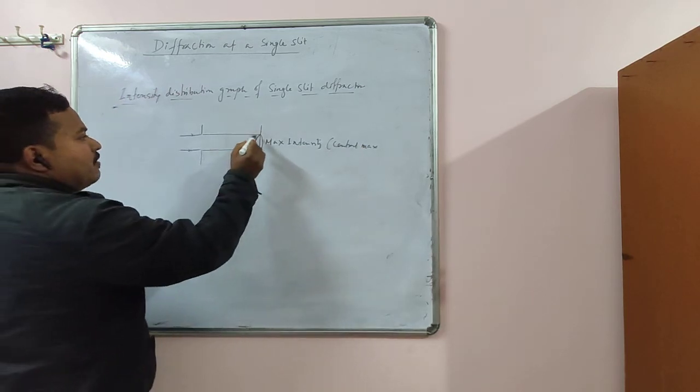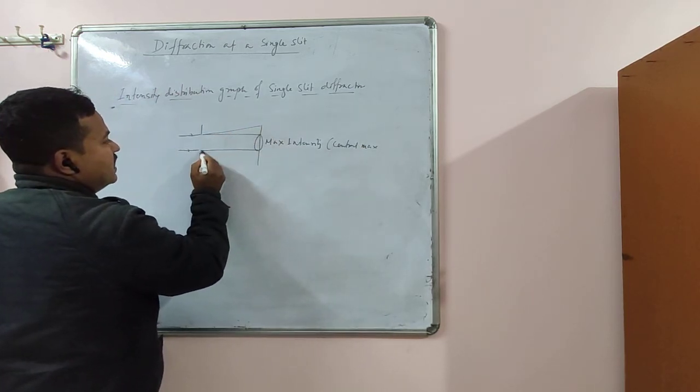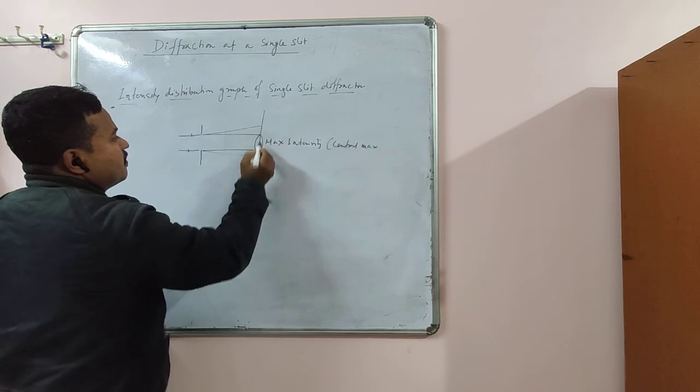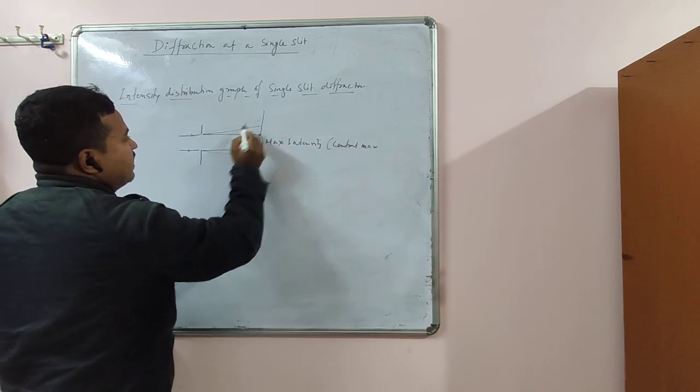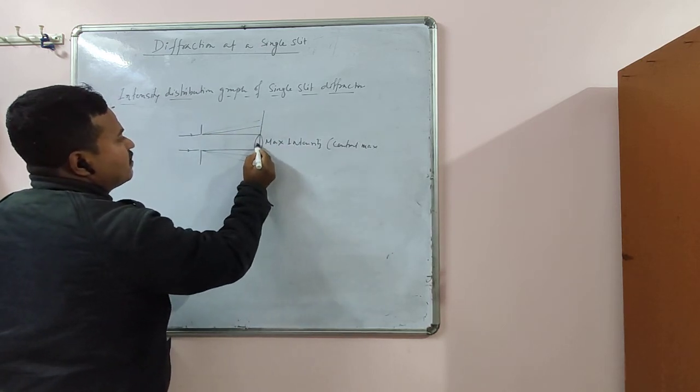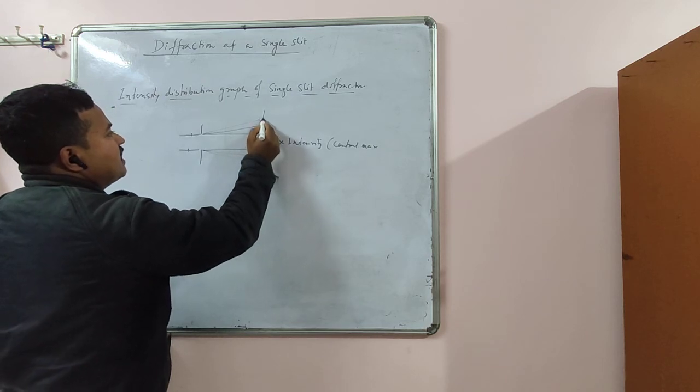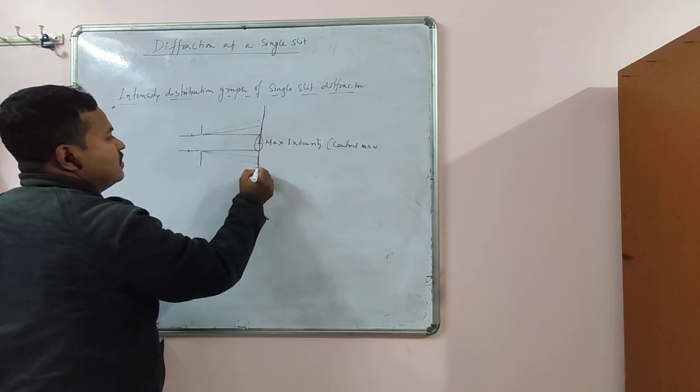Now, if we go away from that, these are diffracted beams. As we go away from the center, intensity gradually what? Decreases.